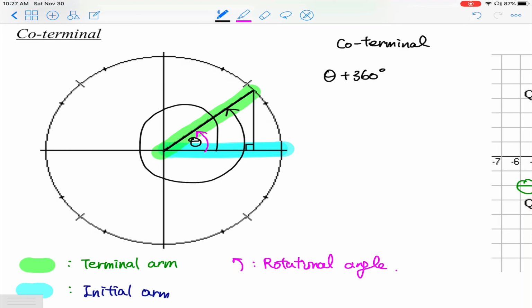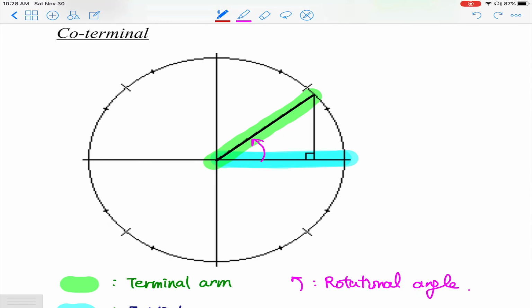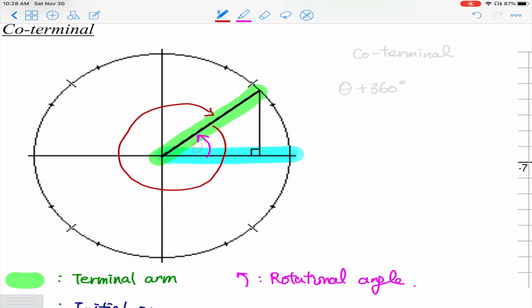Now, if you think of the other way around, for another coterminal, we can go backwards. If we go backwards, we will come back to this. But again, instead of going counterclockwise, we went clockwise. So we call this the negative direction, so negative angle. So another way is theta subtracting the revolution. However, remember, these revolutions can go as many as you want depending on the question.